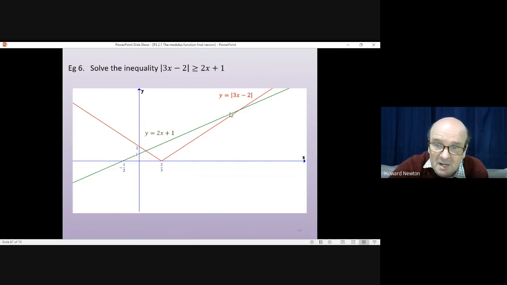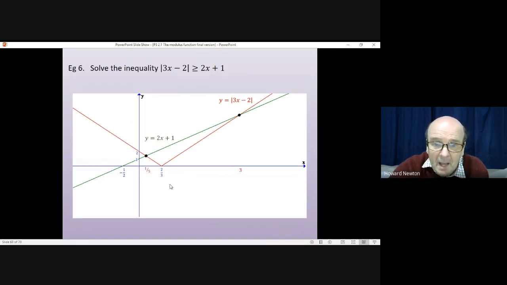In this stretch here, the green line is above the red line. So for this stretch in the middle, 2x plus 1 is bigger than the modulus. The 2 bits that we want are the bit on the left-hand side here and the bit on the right-hand side. So that purple stretch now going from a fifth backwards and the purple stretch going from 3 upwards.